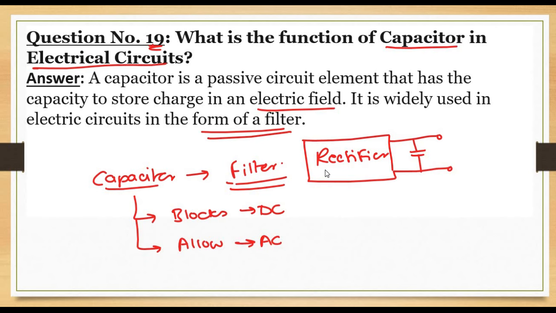What is the purpose of a rectifier? It converts AC into DC, but the output will not contain pure DC, it will contain AC. So what this capacitor does, it filters the AC component and gives us a pure DC supply. So the main purpose of a capacitor is to act as a filter.